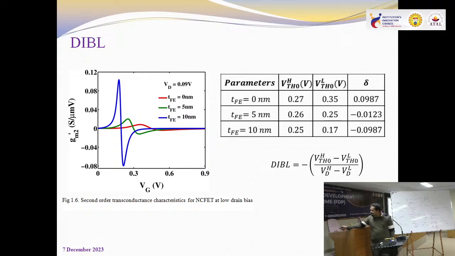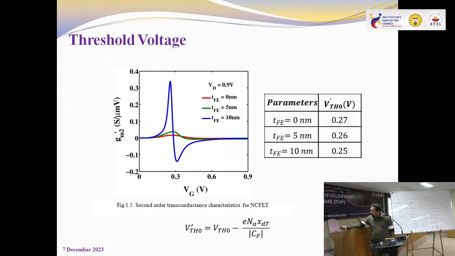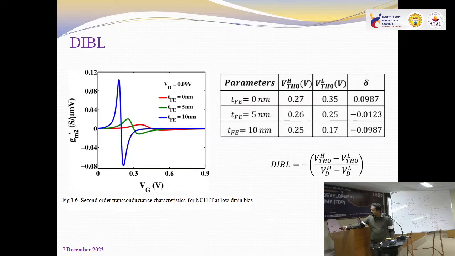So here, this is for high. These values 0.27, 0.26 and 0.25 are for VD equals 0.9, and these are the values for 0.09. Here I got the values as 0.35, 0.25 and 0.17.